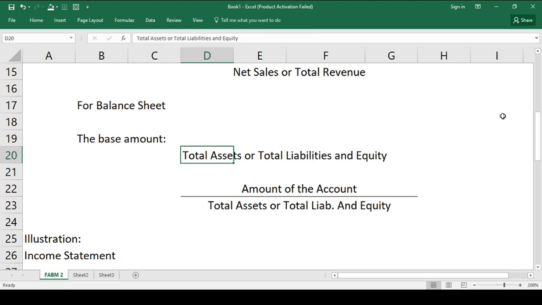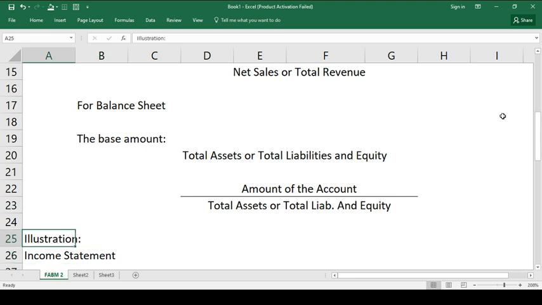Kaya kung wala po tayong makikita na total assets, we can use the total liabilities and equity as the base amount kasi pareho lang naman yung amount na yan. So, the formula would be the amount of the account over the total assets if given. If not given, let us use the total liabilities and equity.